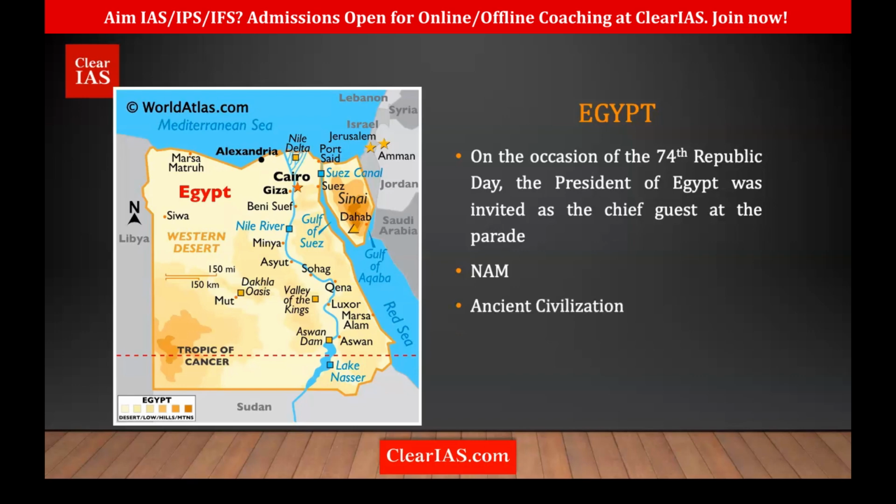Okay, apart from that, if we talk about history, both India and Egypt have a lot of shared history. We have ancient history. There was Egyptian civilization at the times of Indus Valley civilization. So we have a connection from historical times. We have a lot of historical trade going on between Egypt and India.